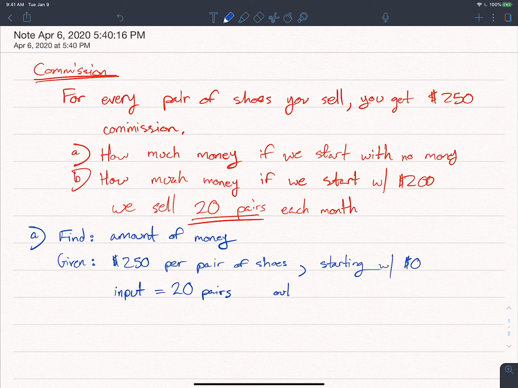We're trying to find our output. Now again, the slope is basically what you multiply your input by to get the output. That's what the slope is. What do we multiply our input by to get the output?